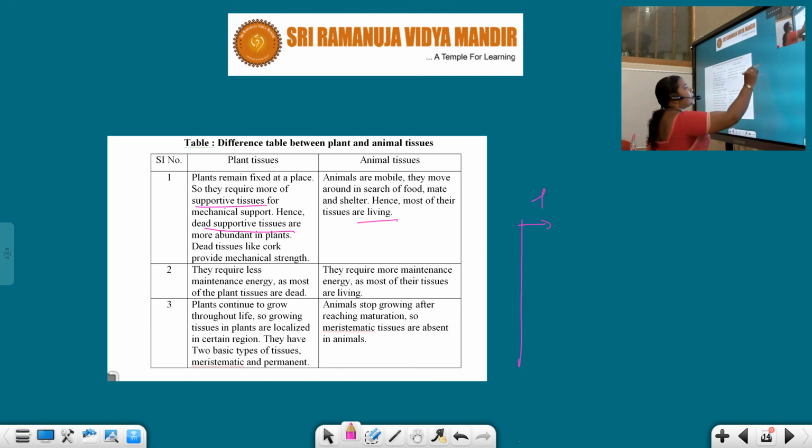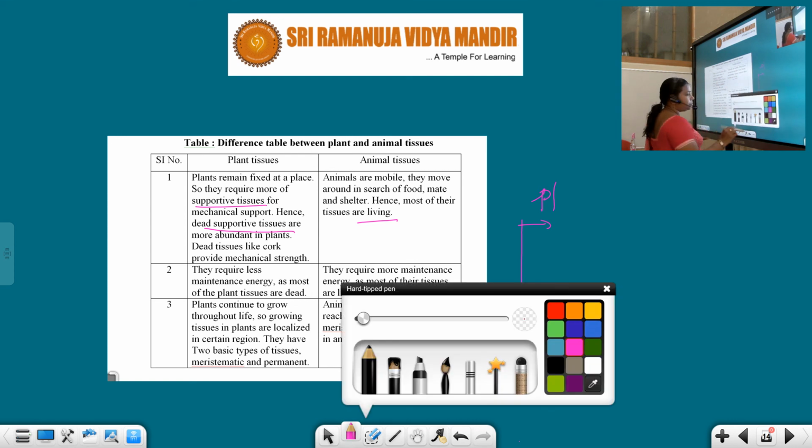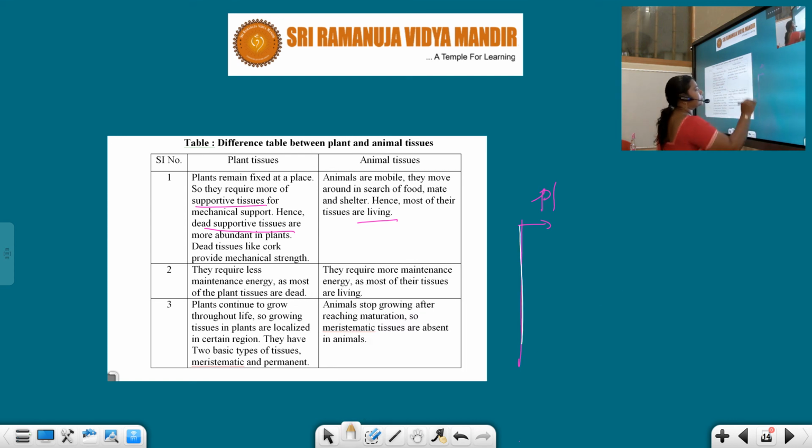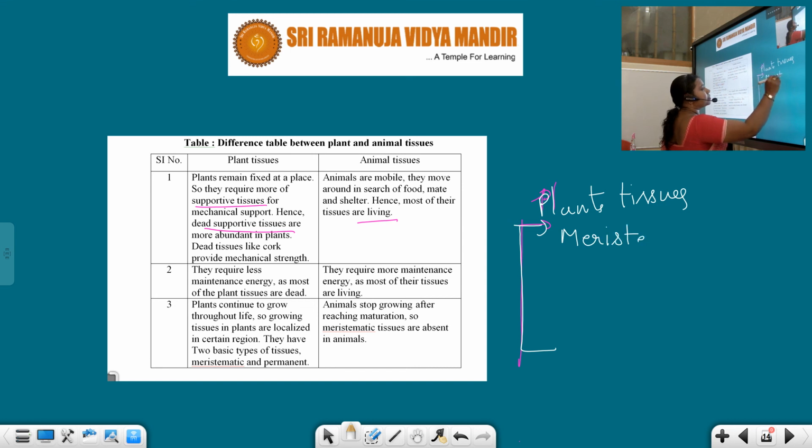See students, in the plants, tissues are of two types: meristematic tissue and permanent.